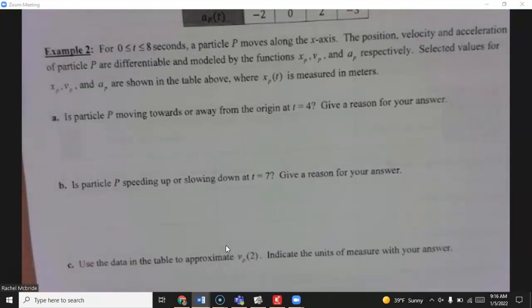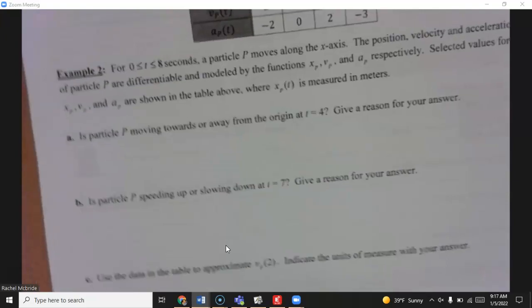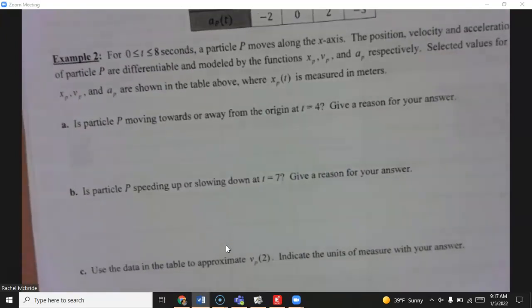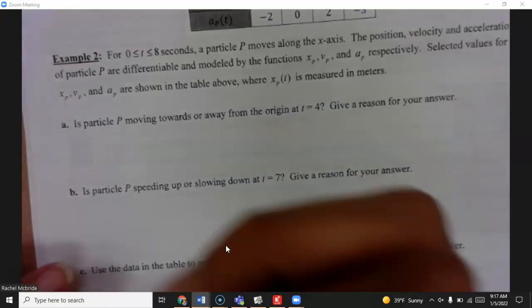Is the particle P moving towards or away from the origin at t equals 4 seconds? Give a reason for your answer. So what we have to do in order to determine this is consider where is the particle at 4 seconds? Perfect.